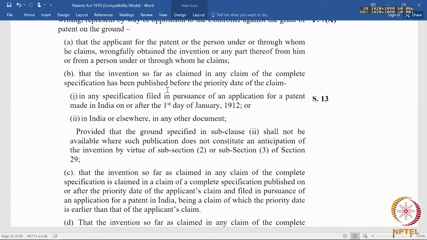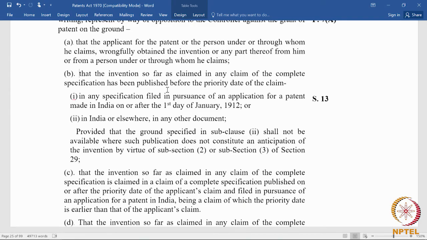So, when we come to 29, we will look at 29(2) and 29(3). So, any publication that can be used to challenge a patent under B should not fall under section 29(2) and section 29(3). So, the cross reference to this provision is section 29(2) and section 29(3).